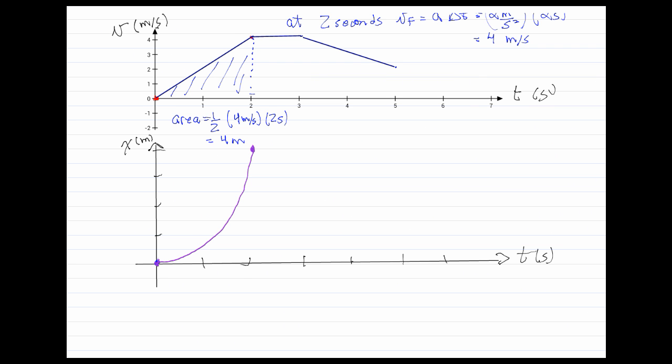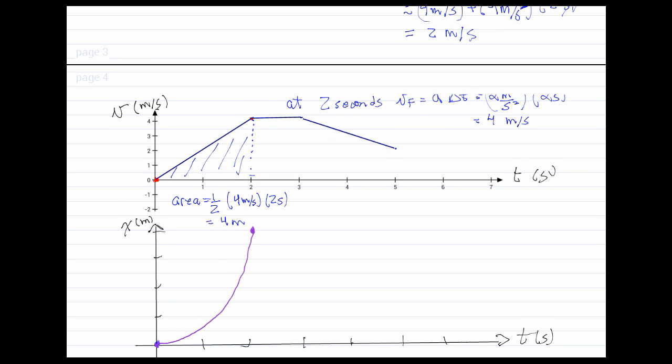Okay. Now, from 2 to 3, we have constant velocity, and it's positive. So we're going to continue increasing our position. And from 2 to 3, we want to calculate the area under the curve in this region. I shouldn't have drawn my other axis so large.